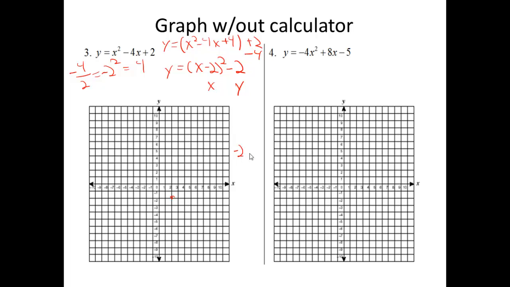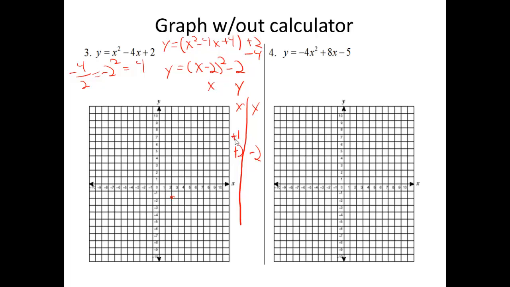So we have a table with x, y, and negative 2. So if we go negative 1, excuse me, this is going to be positive 2.